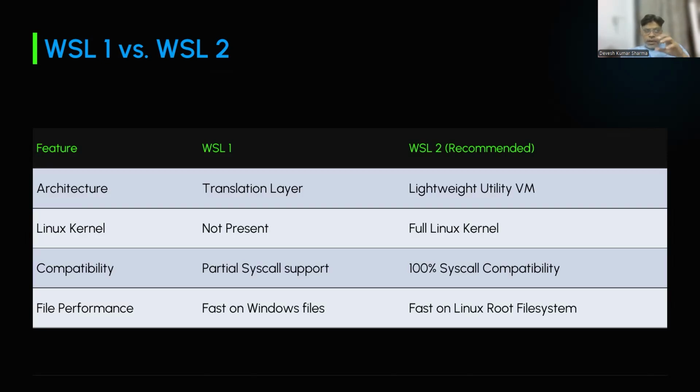WSL2, however, is a game changer. It runs a real, lightweight, highly optimized Linux kernel directly inside a micro virtual machine built into your Windows. You get 100% system call compatibility and blazing fast performance with WSL2. That is why WSL1 is comparatively slower than WSL2, and why I suggest you install WSL2 on your Windows system.